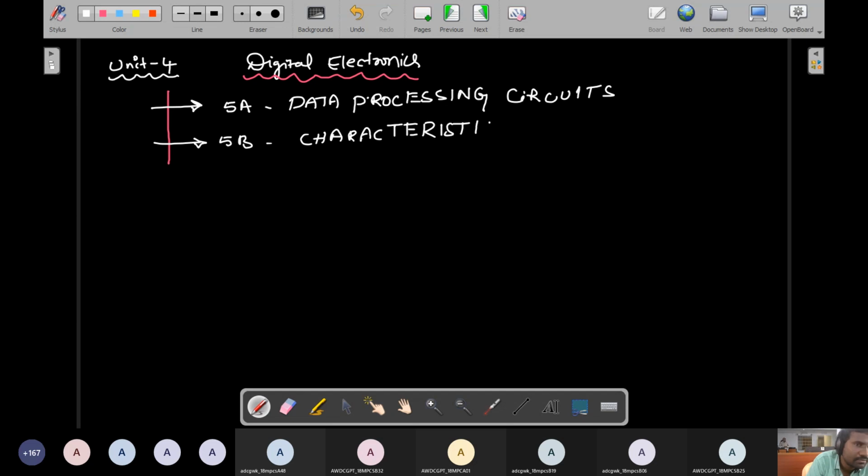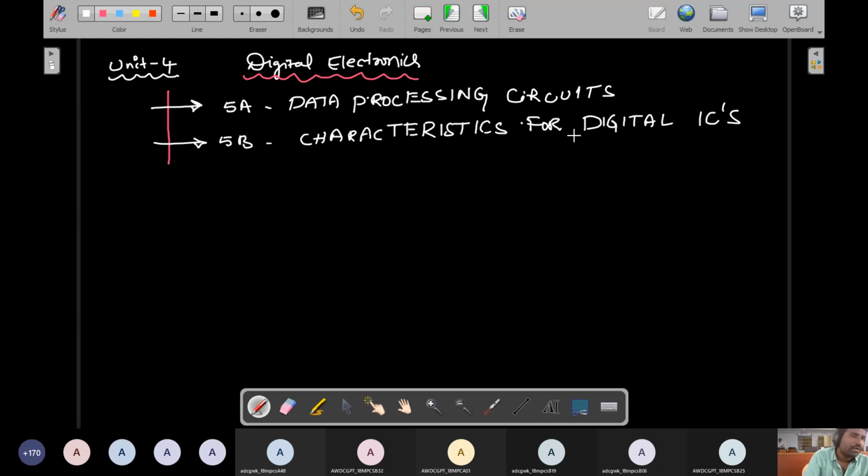So these two lessons are there: 5th A lesson is data processing circuits and 5th B lesson is characteristics for digital ICs.